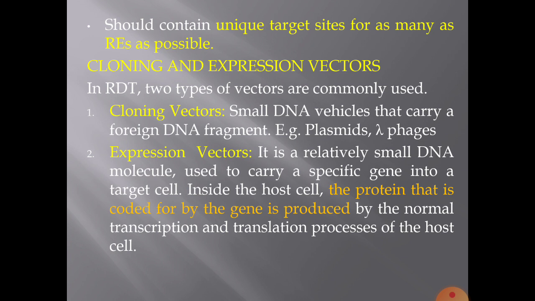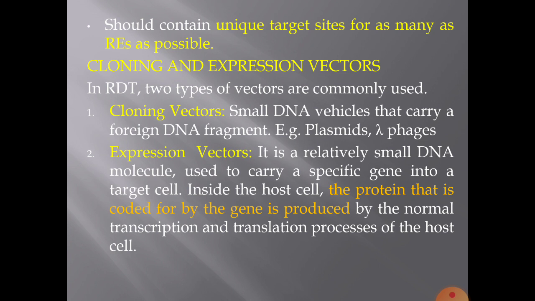So here the motto is to produce the protein that is coded by the DNA of your choice, by regular transcription and translation processes of the host cell. So in cloning, getting multiple copies is the motto. In expression vectors, retrieving the required protein is the motto.